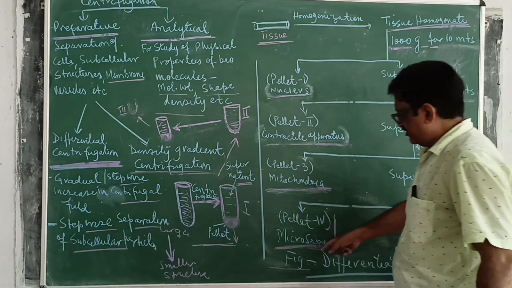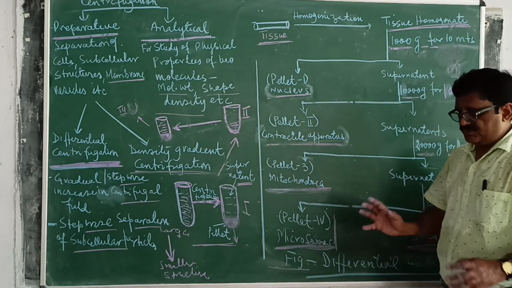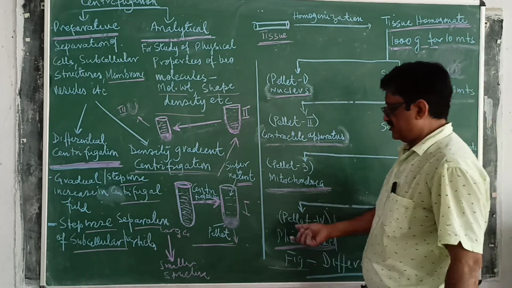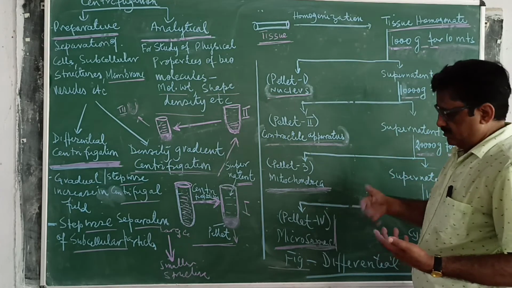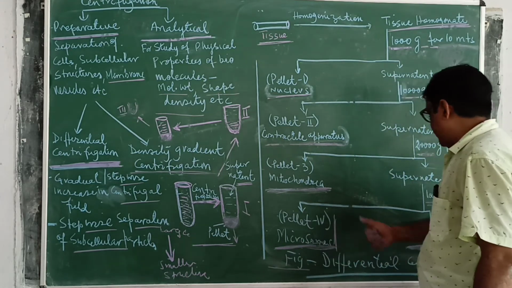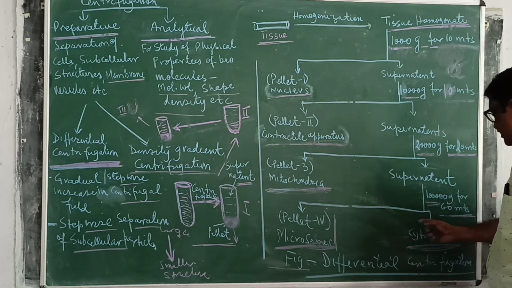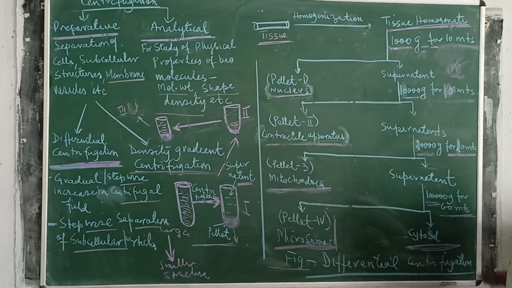That results in the formation or separation of microsomes, smaller membranous structures, and the rest of the supernatant will contain cytosol.